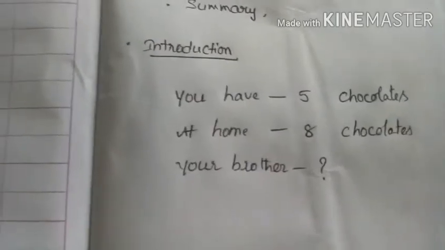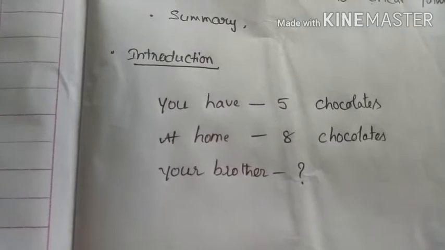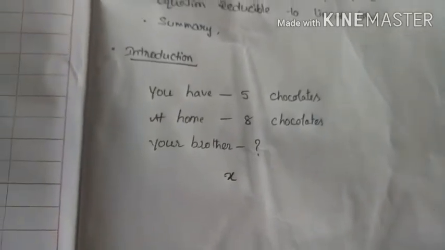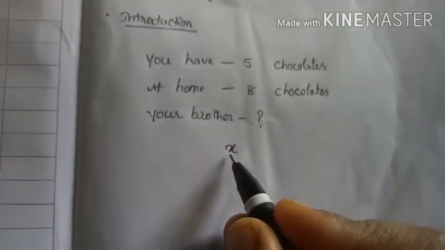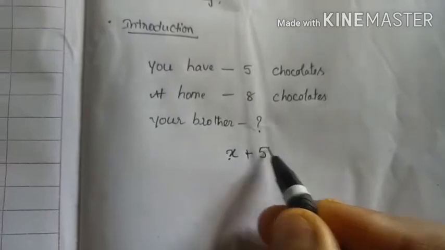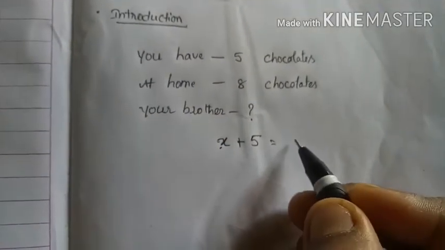Yes. Maybe you can approach it like this. Let's take X chocolates that your brother has. And how many do you have? Yes, 5 chocolates.